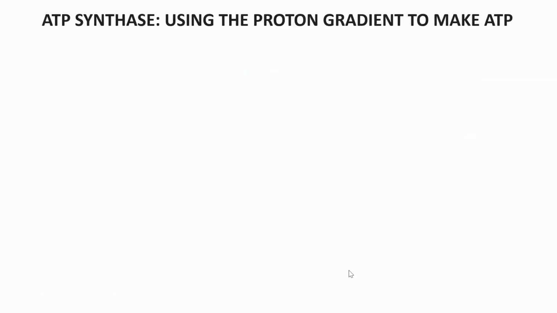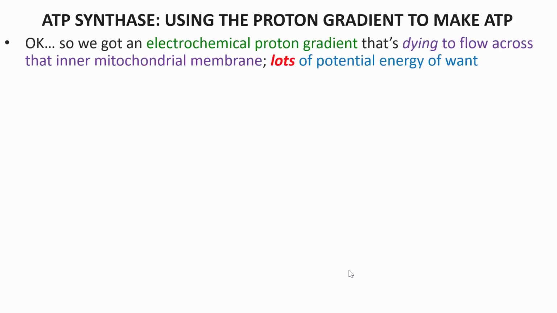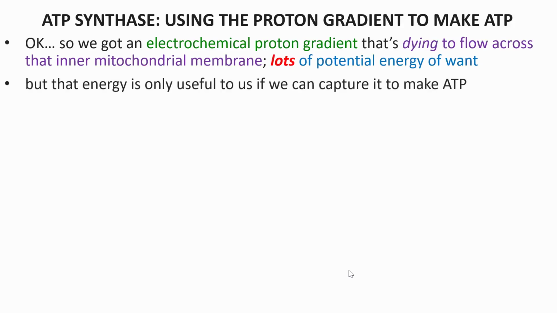So let's introduce the big bad boy, ATP synthase. ATP synthase is going to take all this potential energy of want and allow the kinetic energy of flow to make ATP. So let's harvest this potential energy of want and make ATP from it. And that's what ATP synthase is for.